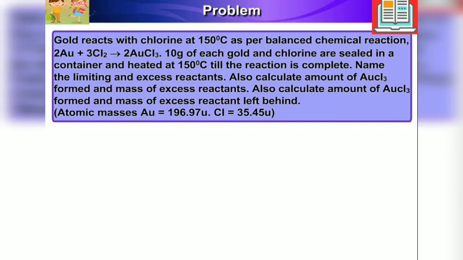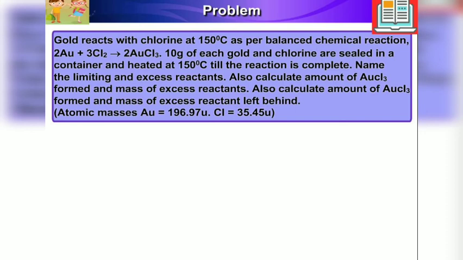Gold reacts with chlorine at 150 degrees Celsius as per the balanced chemical reaction 2Au plus 3Cl2 gives 2AuCl3. 10 grams of each, gold and chlorine, are sealed in a container and heated at 150 degrees Celsius till the reaction is complete.